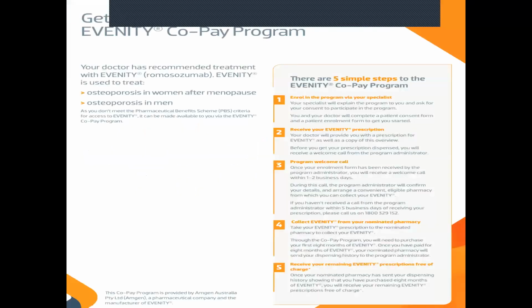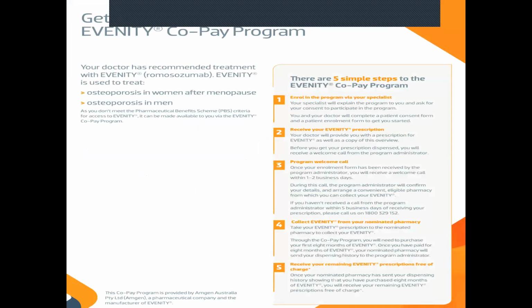But with the newer agent Evenity, there is something called a co-pay program. The co-pay program is sponsored by Amgen. Amgen is the company for Evenity and also for denosumab.